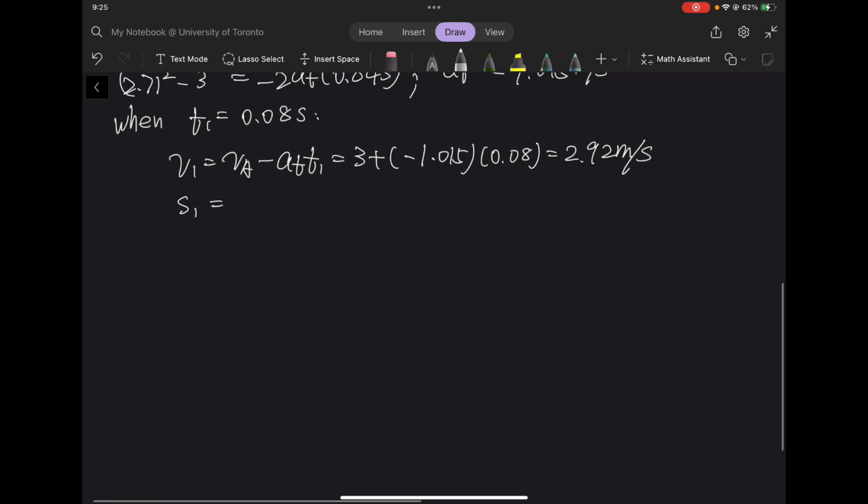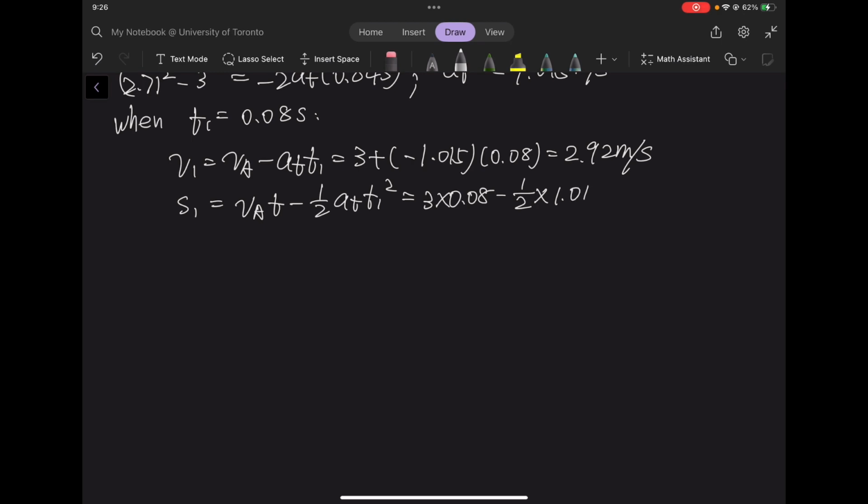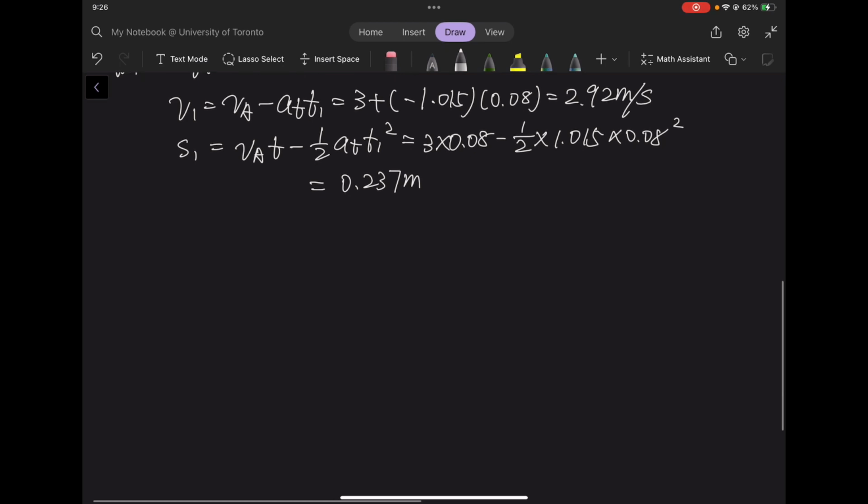S1 is equal to VA t1 minus 1 over 2 AT t1 squared, which is 3 times 0.08 minus 1 over 2 times 1.015 times 0.08 squared, equal to 0.237 meter.